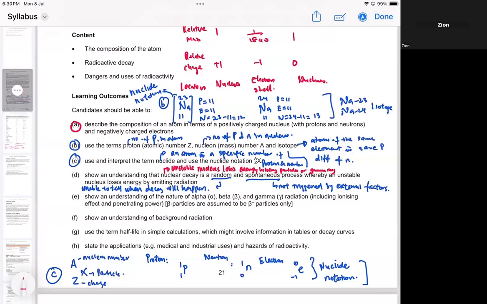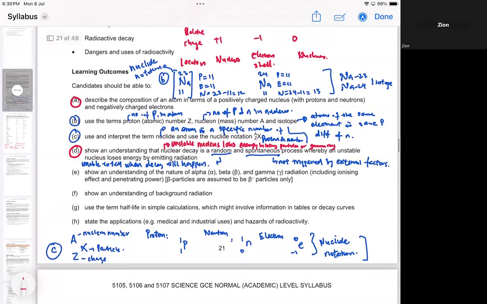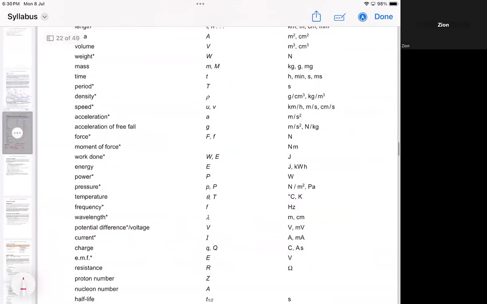Okay, so that's our point D. Point E shows the understanding of the nature of all these things, the ionizing effect and the penetrating effect. So let's do a table here.